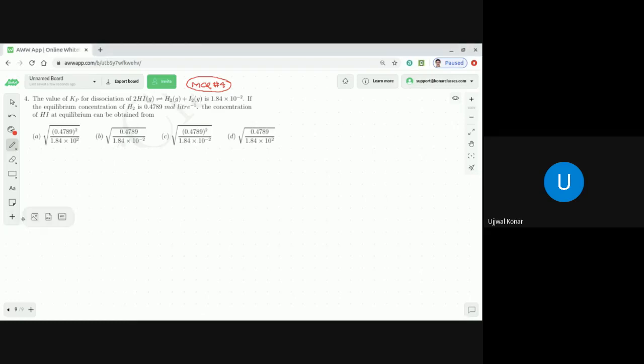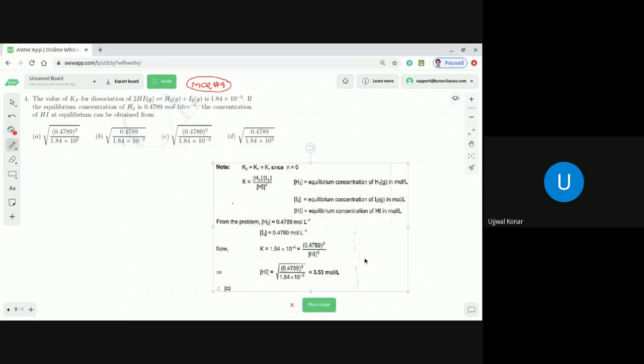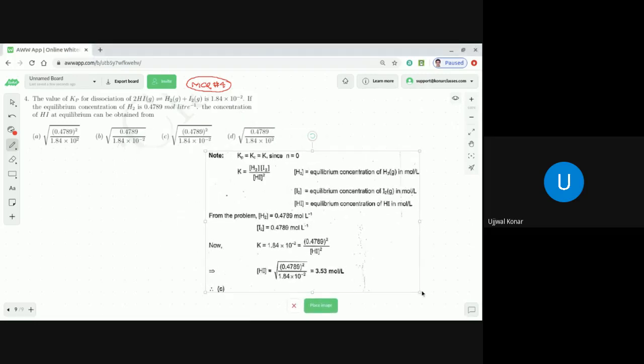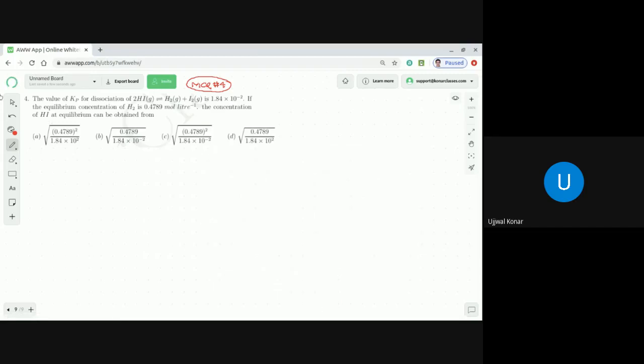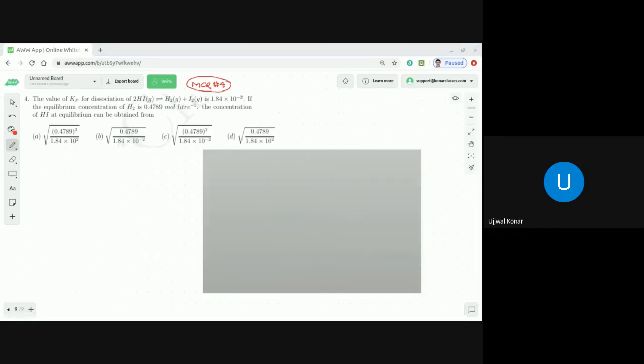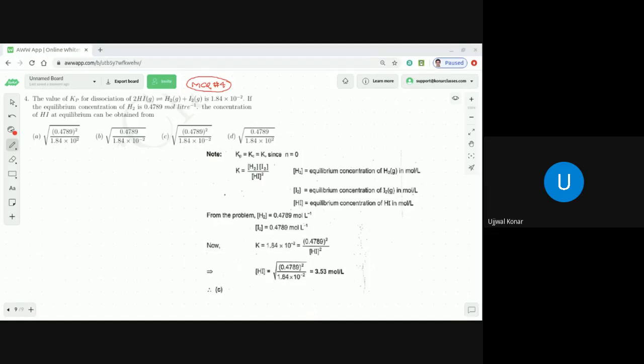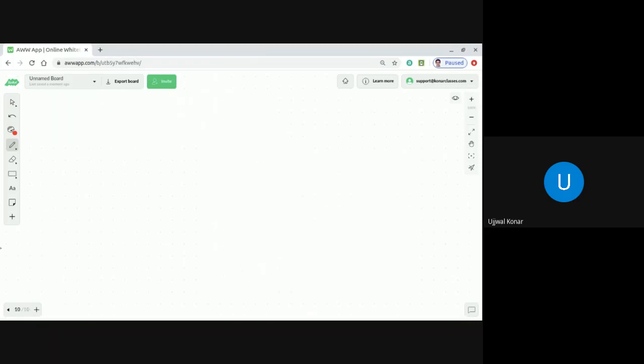Yes, option C is the correct one. I just got your WhatsApp message. Yeah, it is option C. Good that all of you got it correctly. So now let me proceed to the next question, that is question number 5.